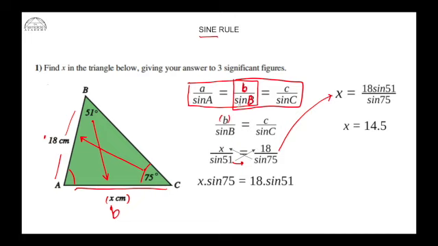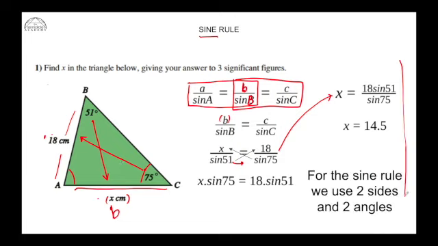Once it has two sides and the corresponding angles for those sides, well then the sine rule should be obvious. So everybody write this down. For the sine rule, we use two sides and the two angles that correspond with those sides. So once you have that, then you could use your sine rule.